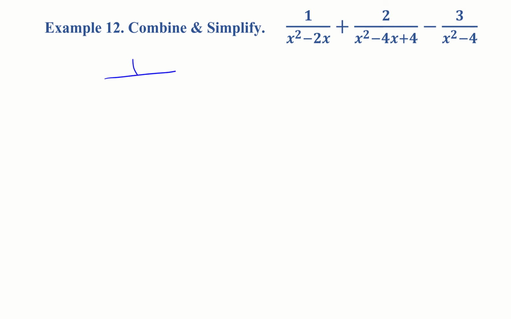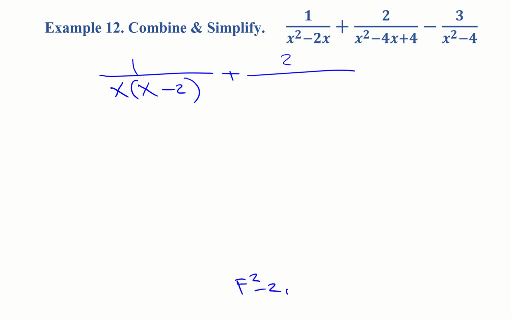All right, so I'm going to rewrite the first fraction as 1 over x times, remember, I'm just going to factor the GCF, so x times x minus 2 plus 2 over, so now we're going to factor this trinomial. It looks like f squared minus 2fl plus l squared. What should give it away that this could be a perfect square trinomial is the fact that the first term is a perfect square and the last term is a perfect square.